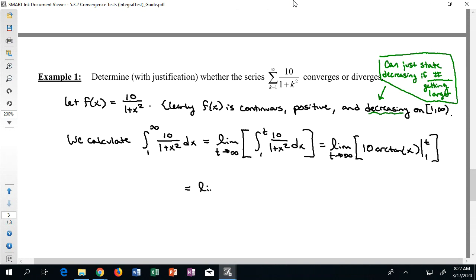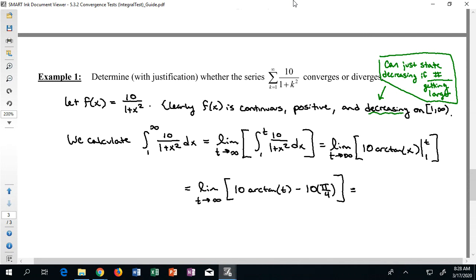And if I was to continue to evaluate, I see that I get 10 arctan of t minus 10 arctan of 1, but the inverse tangent of 1 is pi over 4. So this is going to be 10 times pi over 4.